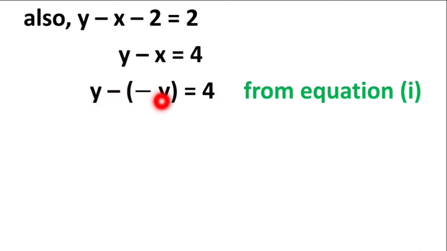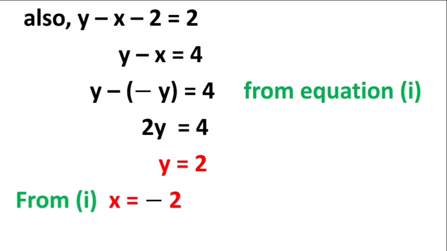Minus minus becomes plus, that is y plus y is 2y is equal to 4, hence y is equal to 2. Put y is equal to 2 in 1. What is 1? x equal to minus y, so x is equal to minus 2. After simplifying, we get both values: x is minus 2 and y is 2.